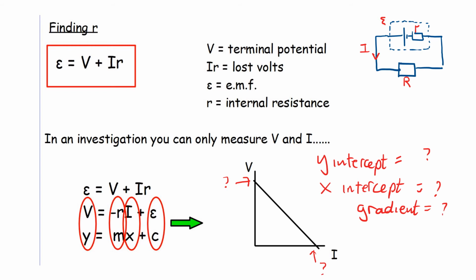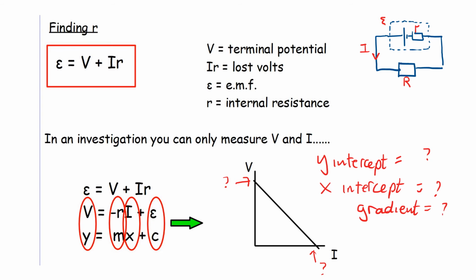And then we could plot V against I. What we'd find is that we get a straight line with a negative gradient. I'd like you to try and work out what the y-intercept would be, what the x-intercept would be, and what the gradient would be equal to.